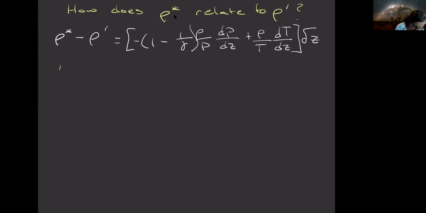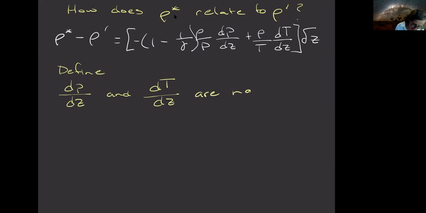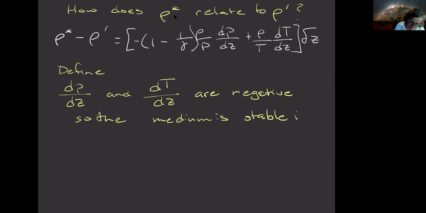By definition, dp dz and dT dz in my scenario that I've set up are negative. So the medium is stable, which comes about if rho star is greater than rho prime.